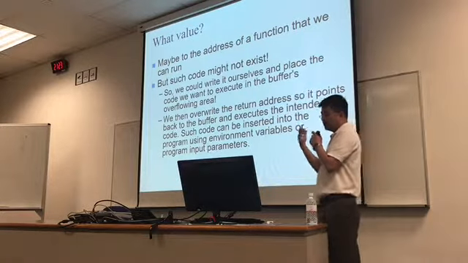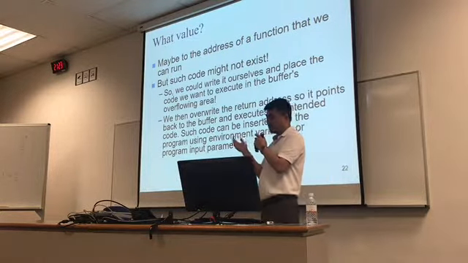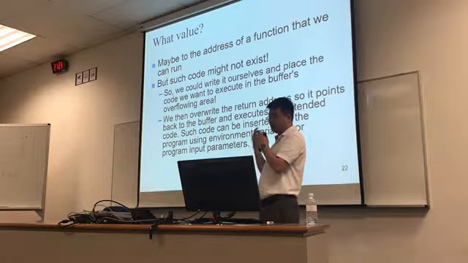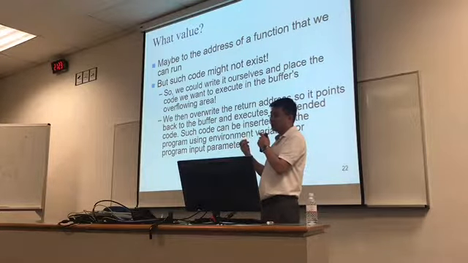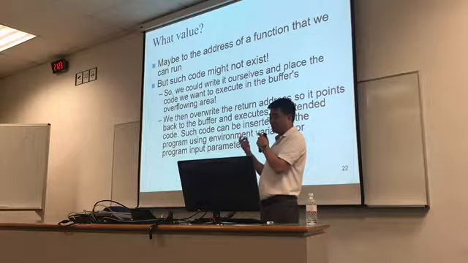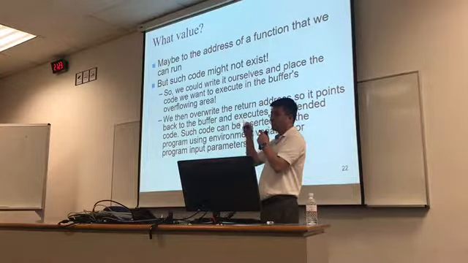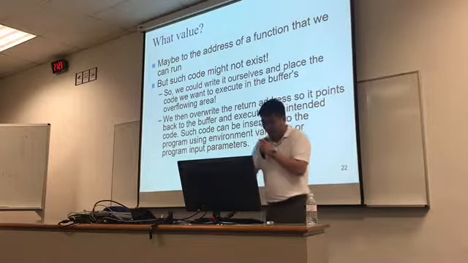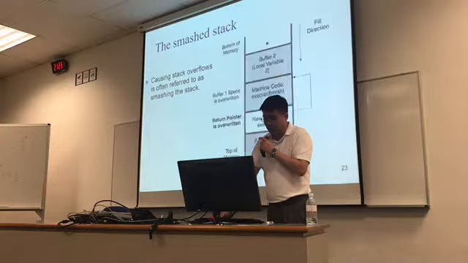Or if there is no malicious content inside memory, the attacker can inject some malicious content. Where to inject? The buffer. Instead of filling the buffer with random data, you can put some malicious code inside it. Then you just change the return address to the starting position of the malicious code, so you can execute the malicious code.